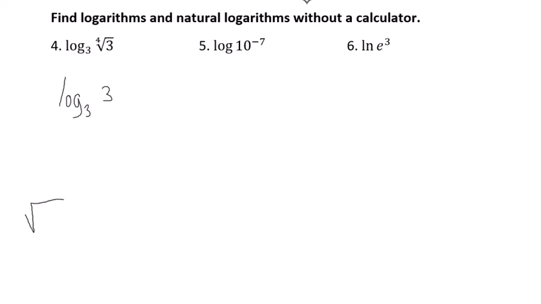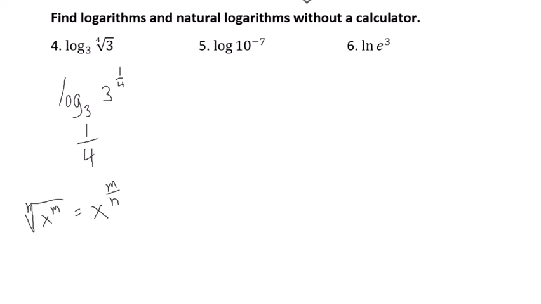So if you have the nth root of x to the m, that is equal to x to the power of m over n, where m is your power and n is your root. So this is 3 raised to the power of 1/4. So this gives you 1/4 right here.